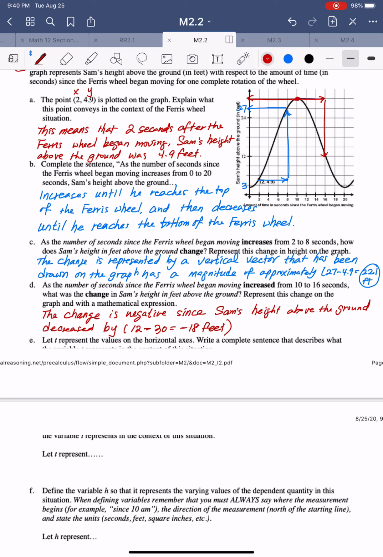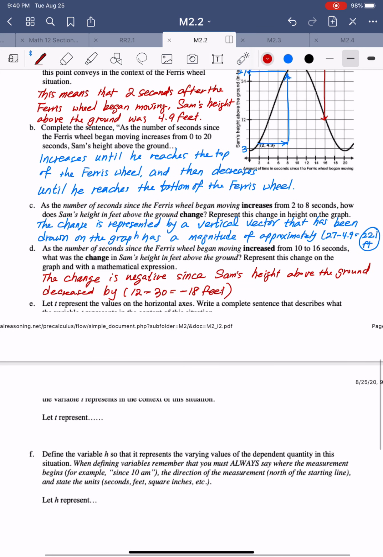That means a decrease. So about 18 feet. But you can make the absolute value because it's going to be the distance anyway. So we will be consistent in representing a decrease in value as a negative change, and an increase in value as a positive change throughout the course. Okay, so I need you to remember that.